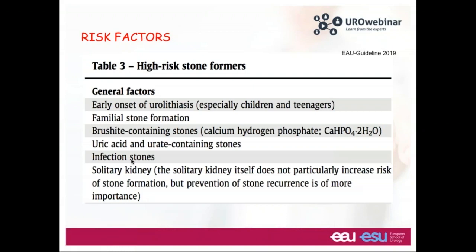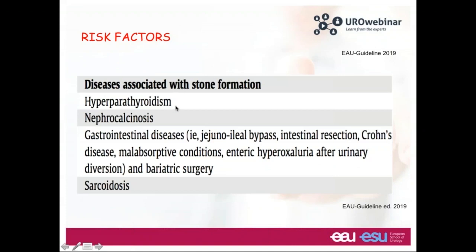Several diseases are associated with stone formation. If you have untreated or uncorrected hyperparathyroidism, then you tend to have more stones in the future. And of course, nephrocalcinosis, sarcoidosis, or if you had bariatric surgery or several GI diseases like intestinal bypasses, these patients are prone to form more stones and for their stones to recur.